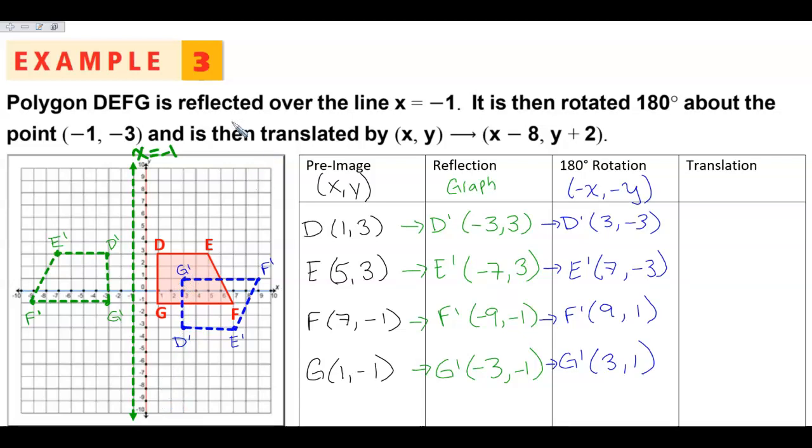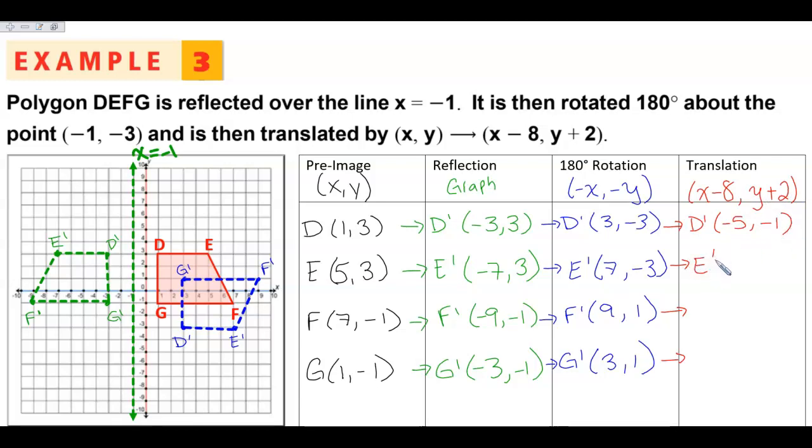All right, and then the final thing that I'm going to do here is I am going to translate along the vector x minus 8 and y plus 2. So with D prime, 3 minus 8 is going to be -5. -3 plus 2 is going to be -1.